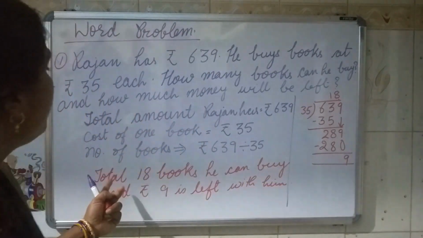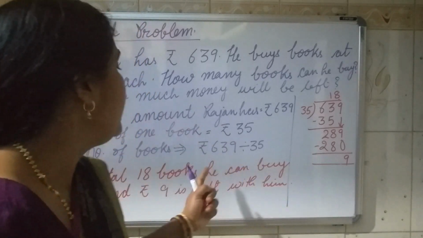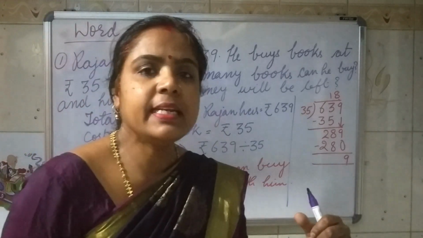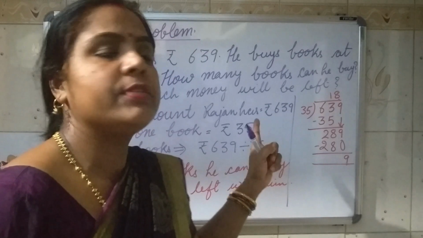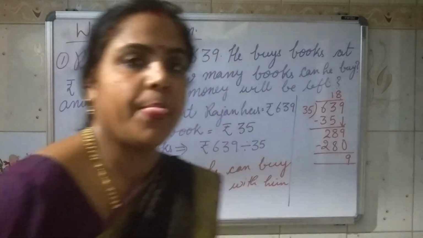You can write total 18 books he can buy, or you can write he can buy 18 books. Is it clear to you? Now this is all about this problem. Now solve the next question on your own.